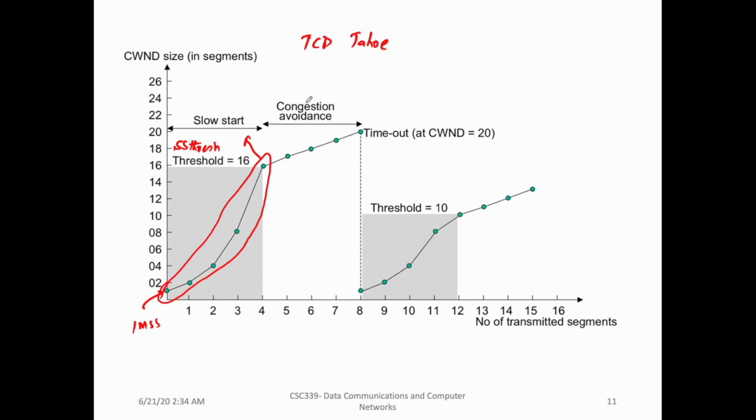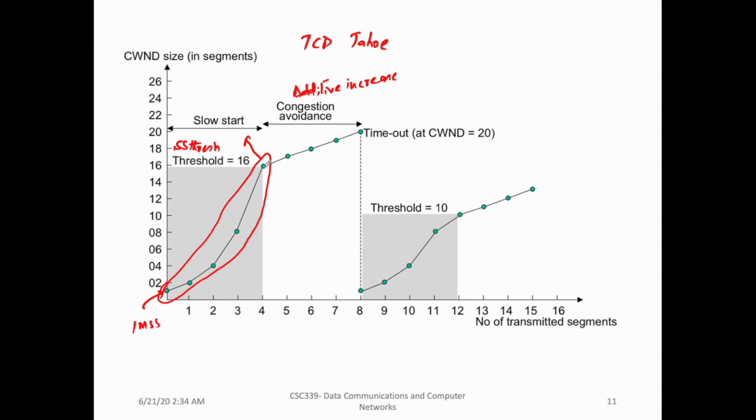This is additive increase. You can think of this point as the system operating at the knee. So now we will be increasing the congestion window size linearly.